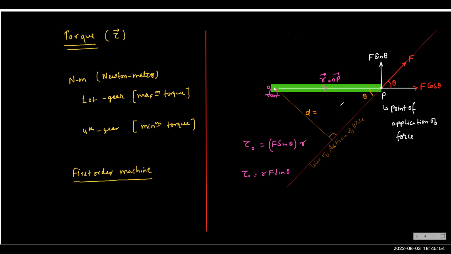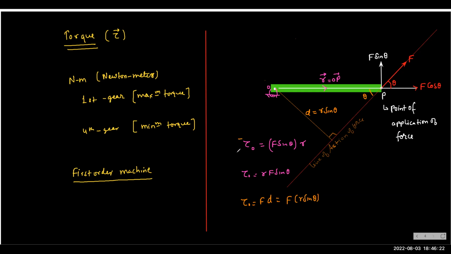It will be R sin theta. Yes, sir. So the other way of thinking is that torque is force into that distance about which the force is perpendicular, which is D, FD. The fixed deposit. Oh, my bad. So FD, and again D is nothing but R sin theta.